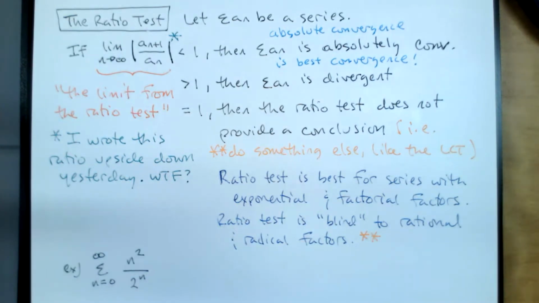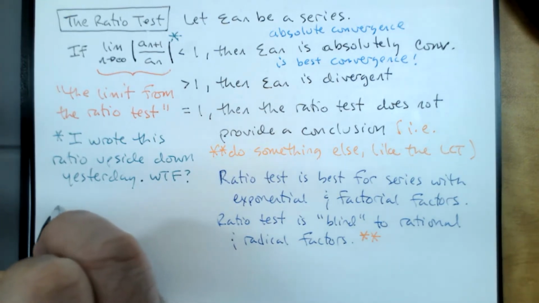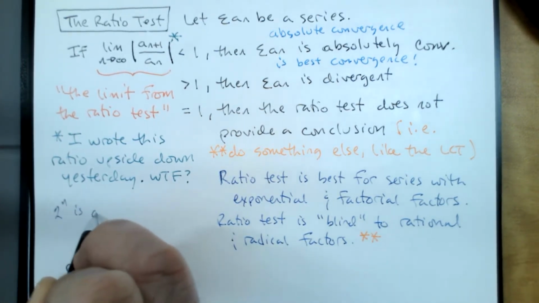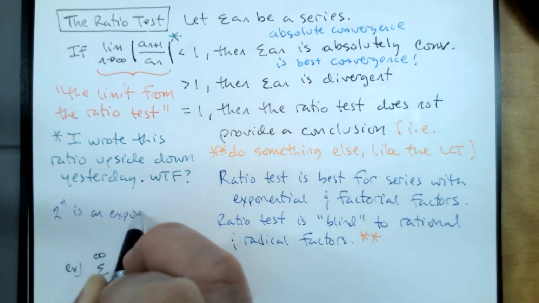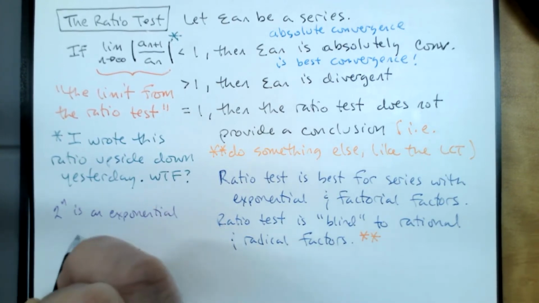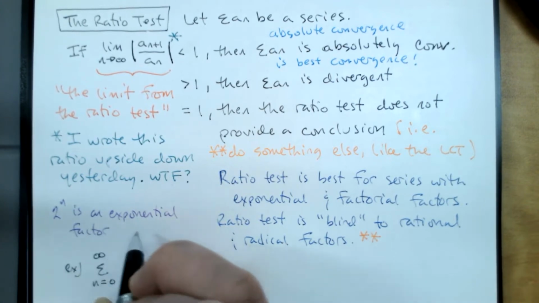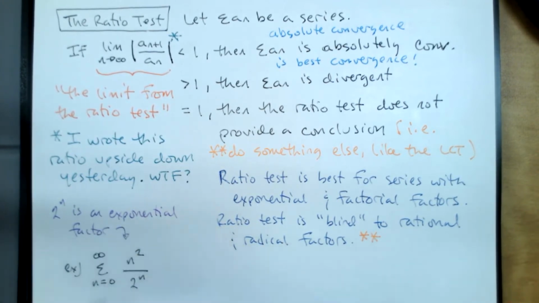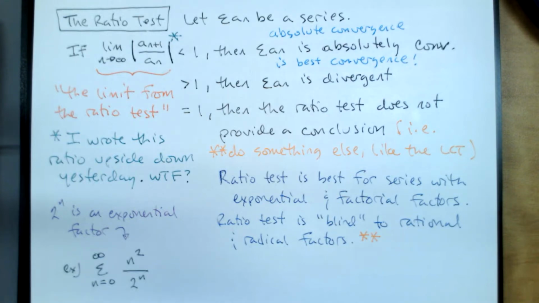So here is a series, and the term has an exponential factor. That 2 to the n is an exponential factor. So this is going to be a good candidate for the ratio test.